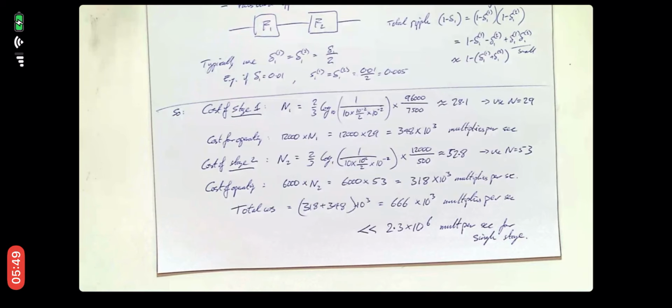So we can see here that we've saved pretty much a factor of 4 by being able to use this two-stage version.